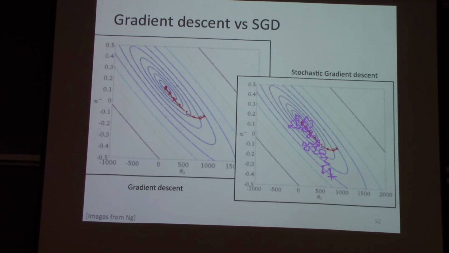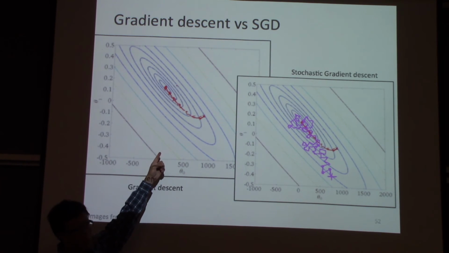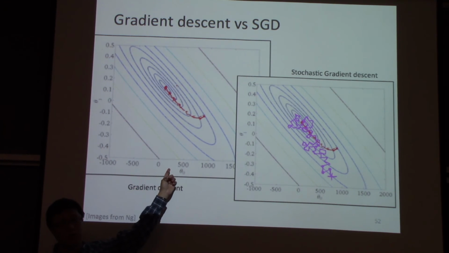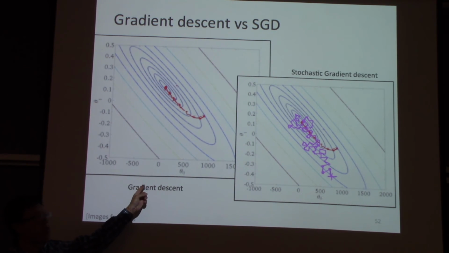So remember that even though this looks much nicer, every step is very expensive because the gradient calculation involves a sum of a lot of terms. If you have a million examples, the gradient calculation involves a sum of a million terms.